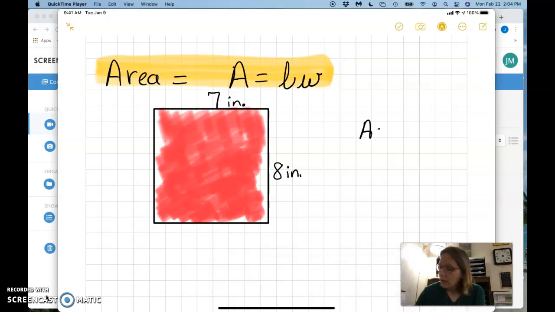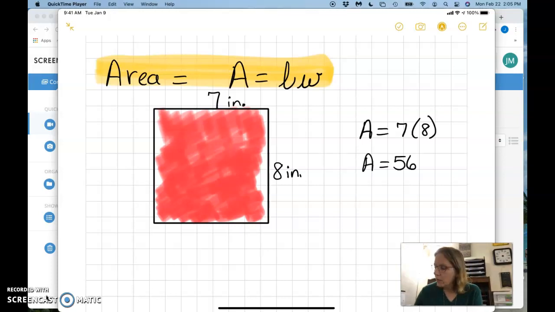So area equals 7 times 8. That's all there is to it. And 7 times 8 is 56. So the area of this rectangle is 56 inches squared. Remember, we write our area with a little exponent of 2.